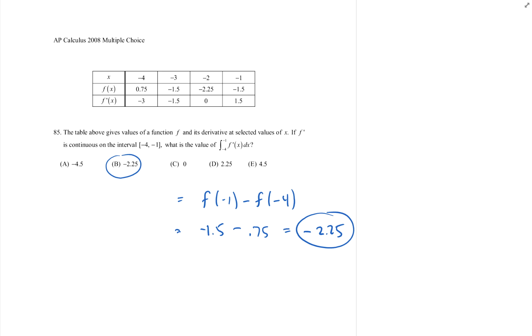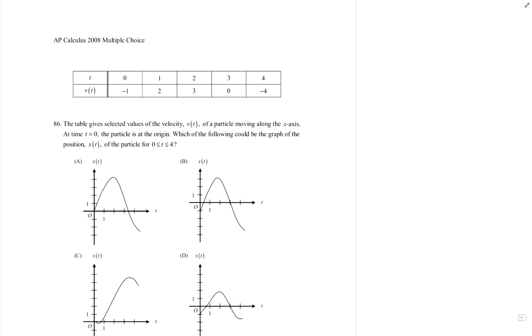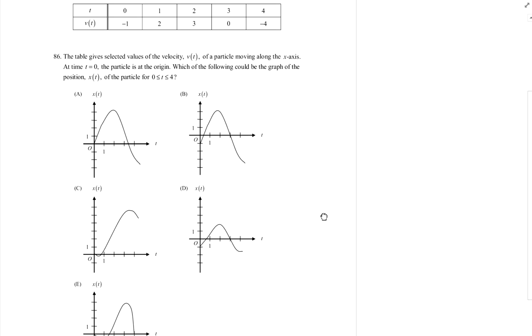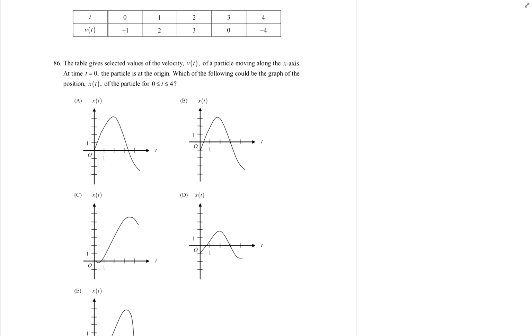Yep. Next one, 86. The table gives values for velocity of a particle moving on the x-axis. At t equals 0, the particle is at the origin, which could be the graph of the position. So it's not that guy, it's not that guy.